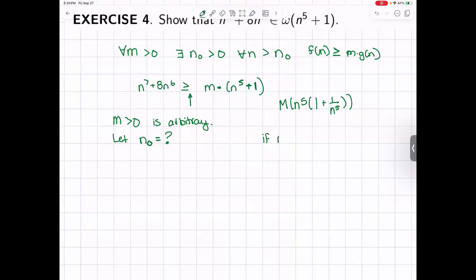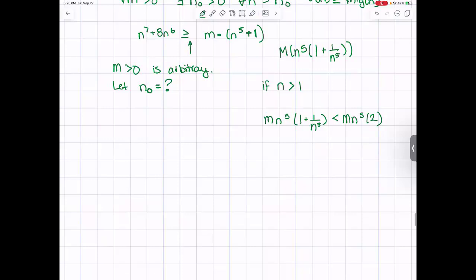So if we say that n is going to be greater than 1, we'll be able to say something like, this term right here is definitely going to be less than m times n to the 5 times 2, which is going to help us because having those whole numbers is always much nicer. Then we can address the left-hand side where we had that 7.